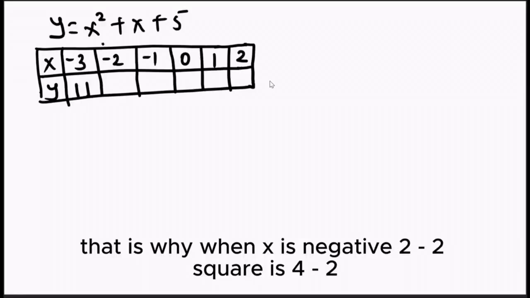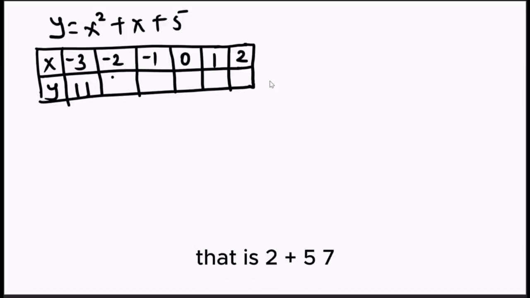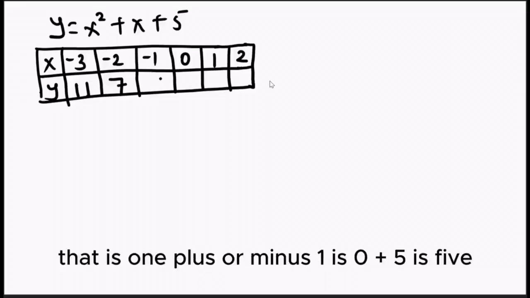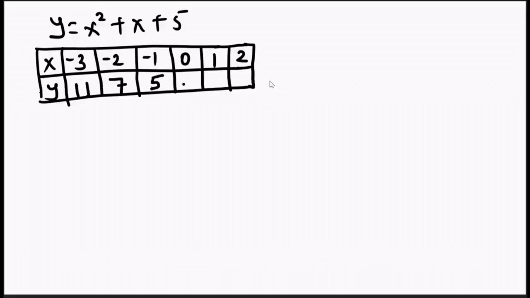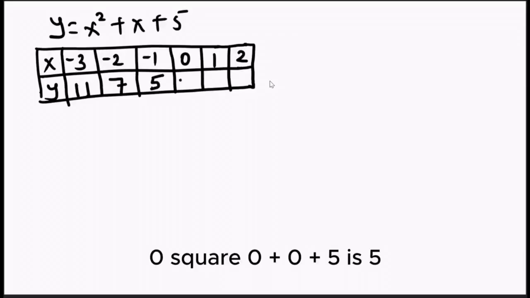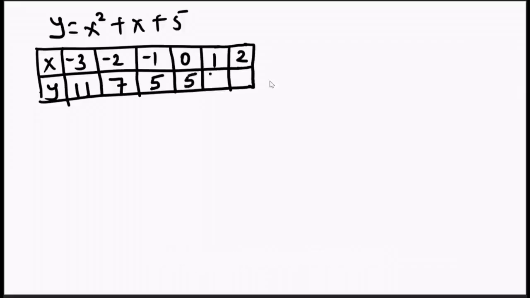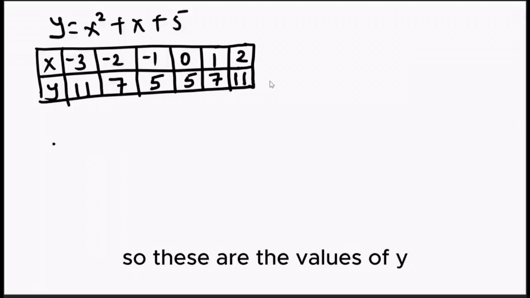When x is -2, -2 squared is 4, minus 2 is 2, plus 5 is 7. When x is -1, -1 squared is 1, plus -1 is 0, plus 5 is 5. When x is 0, 0 squared is 0, plus 0 plus 5 is 5. When x is 1, 1 plus 1 plus 5 gives 7. When x is 2, 4 plus 2 is 6, plus 5 is 11. So these are the values of y.